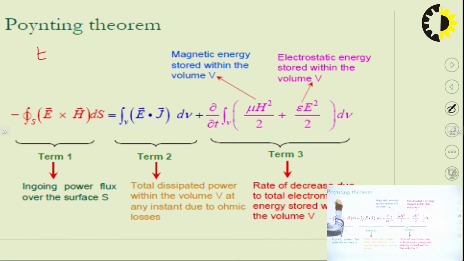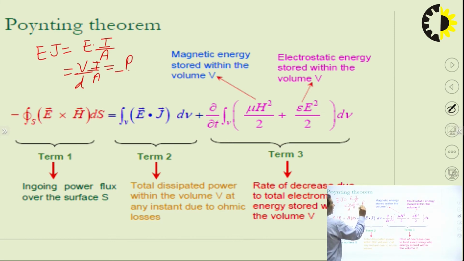E is the electric field vector and J is the current density. So this can be written as E dot J, where for surface current density, J is equal to I divided by the area. Now E can be written as V upon D. So, I upon A. Now this A and D will combine to represent a volume, and V into I will represent the power.